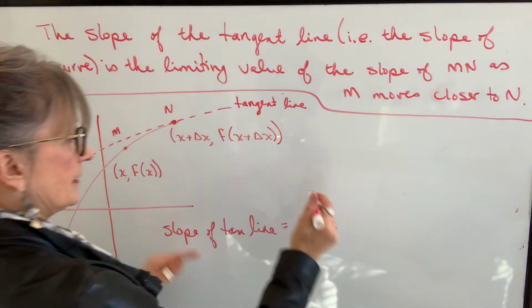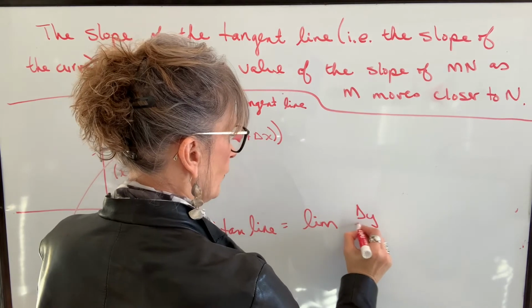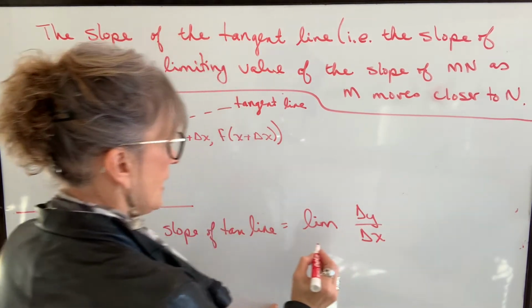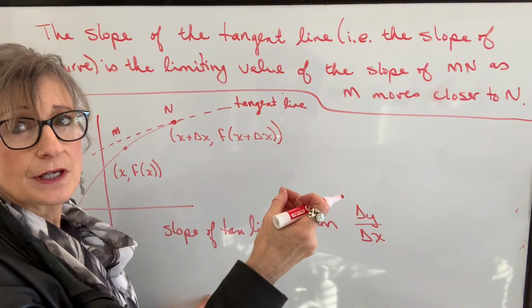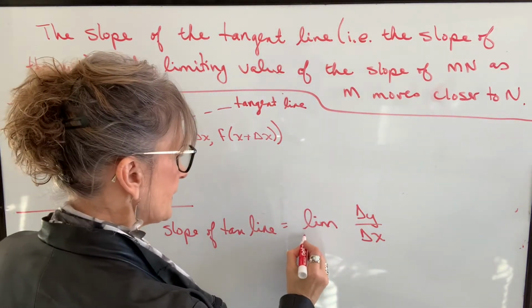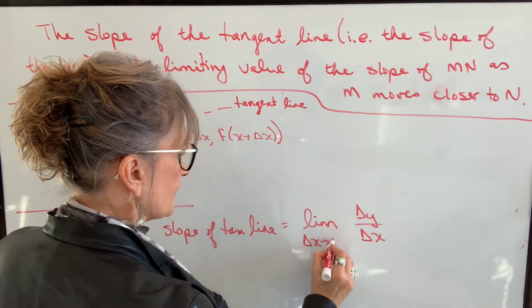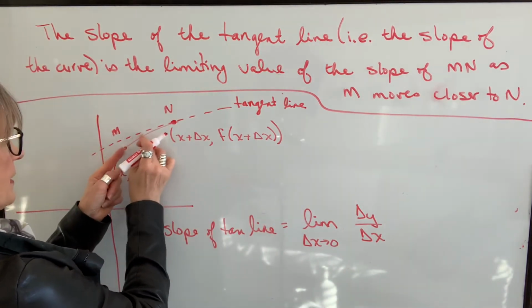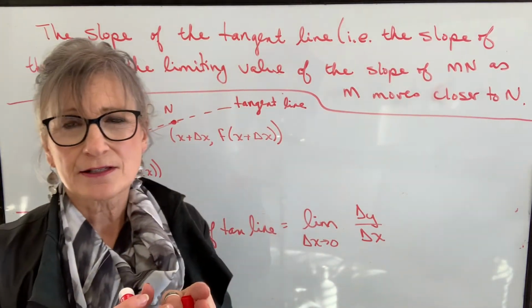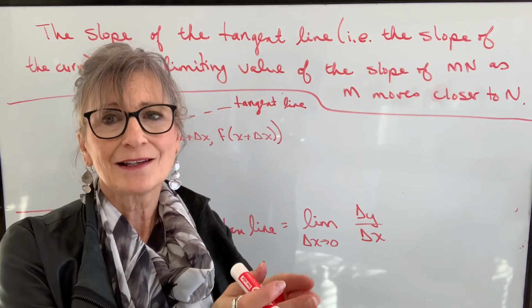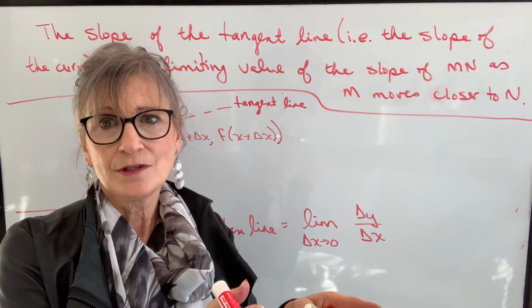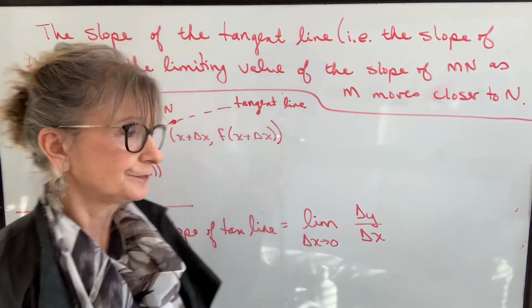I take the change in y over the change in x, and I'm finding the limiting value as the points get closer and closer together. So in other words, as delta x approaches 0. When M gets closer to N, the change in x gets smaller and smaller. We want it to approach 0, but we can't let it equal 0. Otherwise, we won't have 2 points.